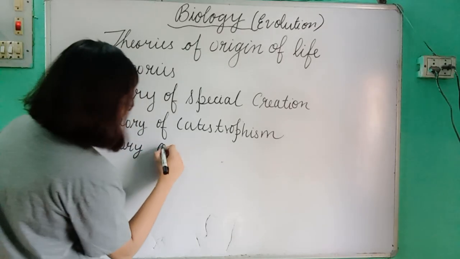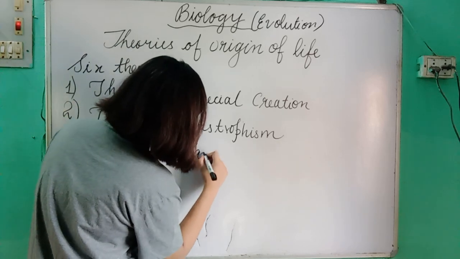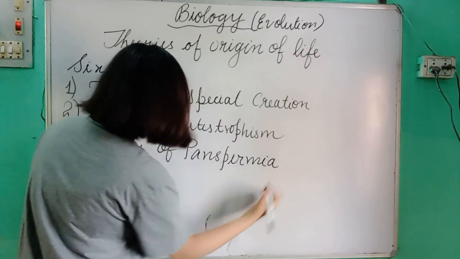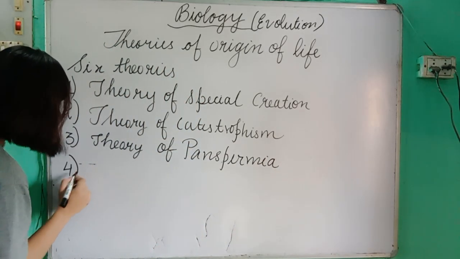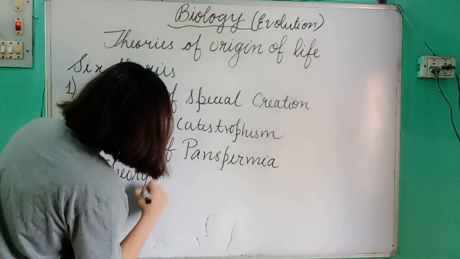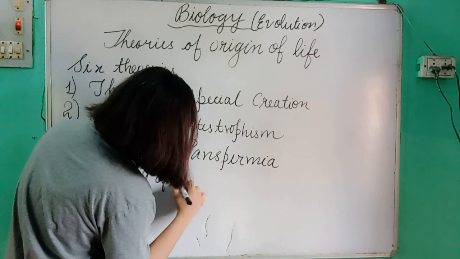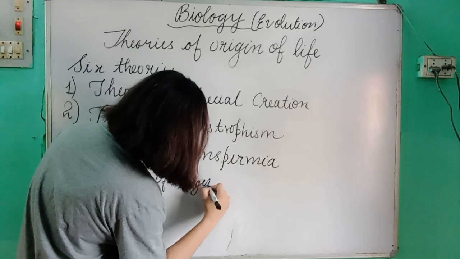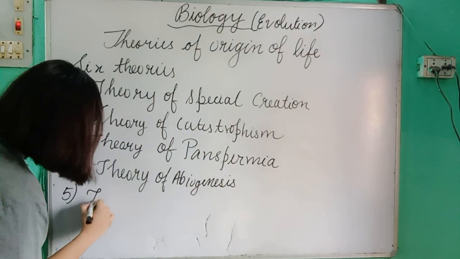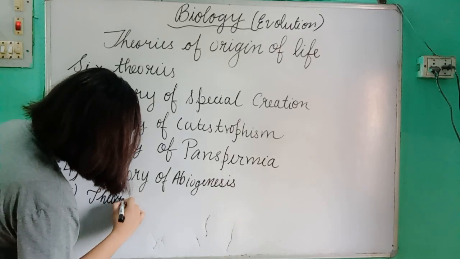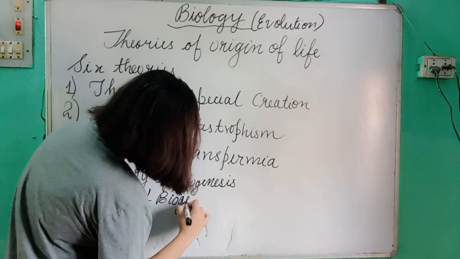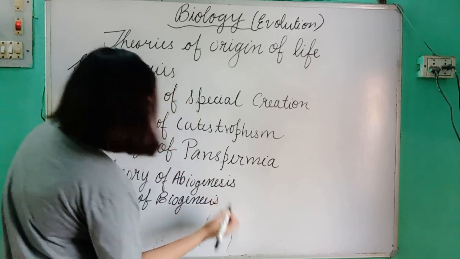We had studied all of these theories in the last video. And now we are remaining with the next 3 theories, that is theory of abiogenesis, theory of biogenesis, and theory of chemical evolution.